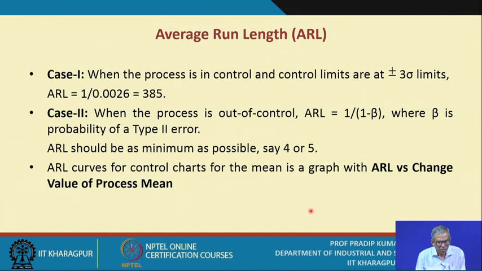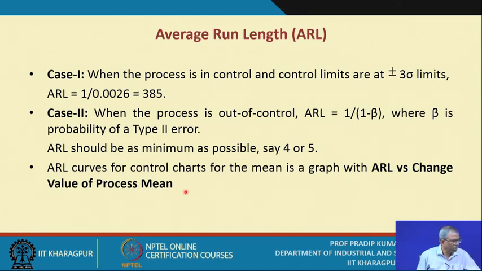So ARL should be as minimum as possible, say 4 or 5. When the process goes out of control, you must know the probability of making a type 2 error, that is, the probability of non-detection. ARL curves for control charts for the mean are a graph of ARL versus the changed value of the process mean.